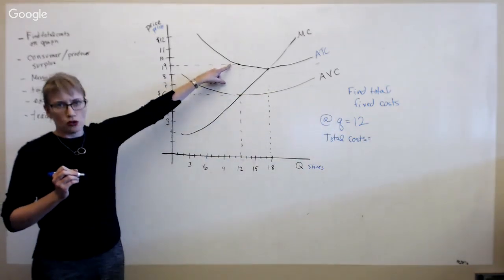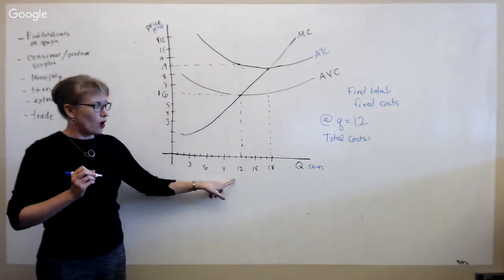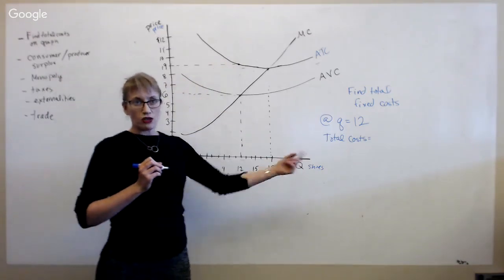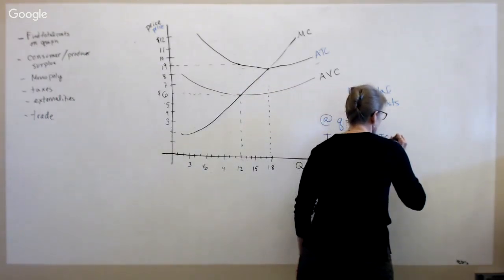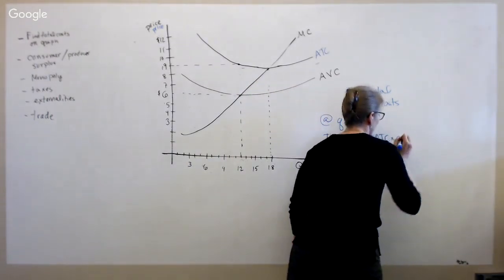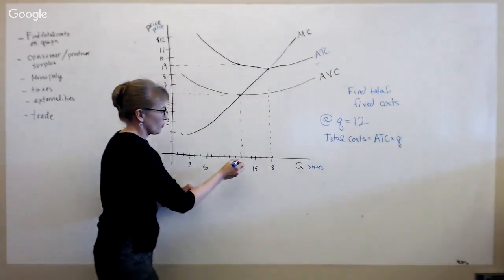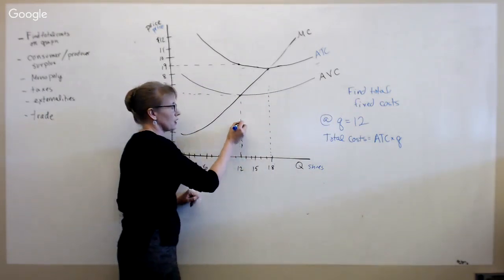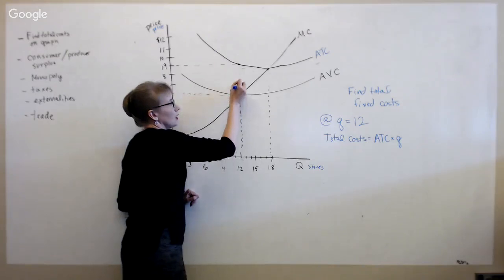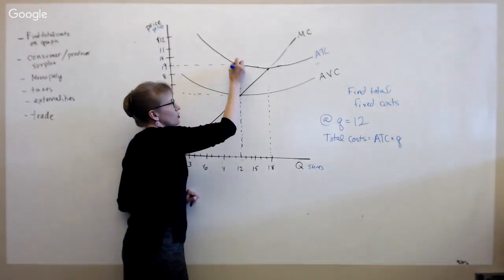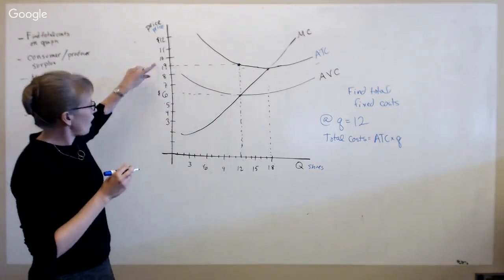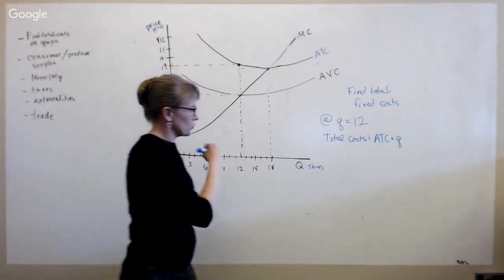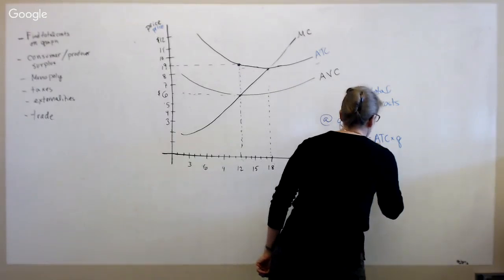We have an average total cost curve, and we have a quantity. So we can find total costs as average total costs times quantity. So we follow 12 up to this average total cost curve and find that the average total cost of producing 12 shoes is 9.